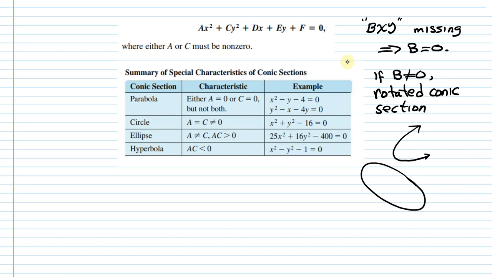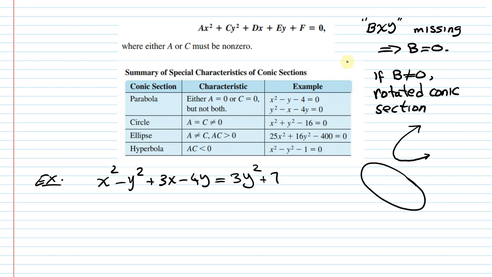Now, we got to make sure the equation is in standard form, and by the way. So for example, something I make up real quick. Let's say I have x squared minus y squared plus 3x negative 4y equals 3y squared plus 7.